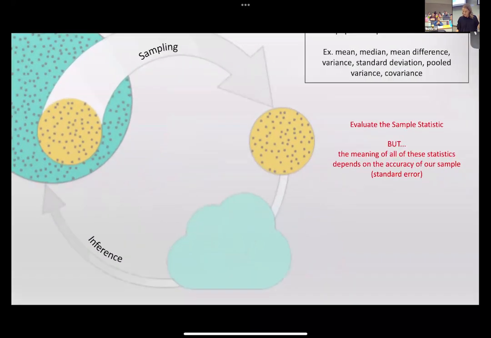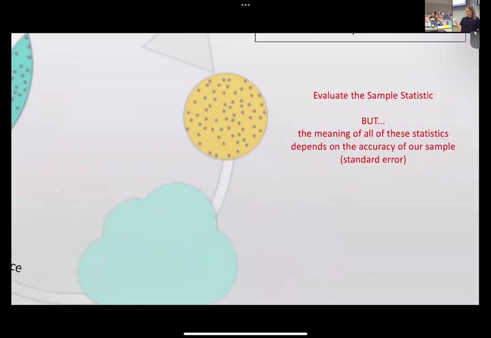So I have to evaluate that sample statistic, and the meaning of that stat depends on the accuracy of my sample. I can only evaluate what I found about my sample, the descriptive statistic, in the context of how off my sample is going to be from my population.